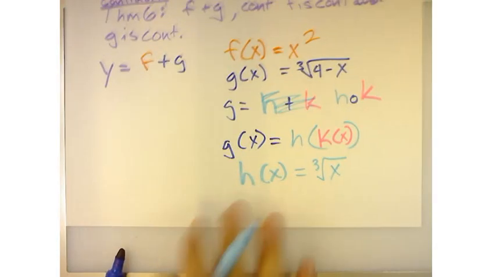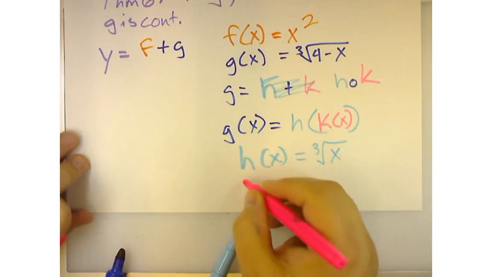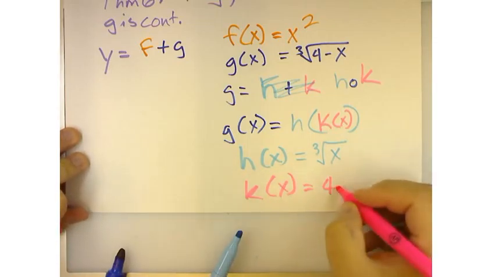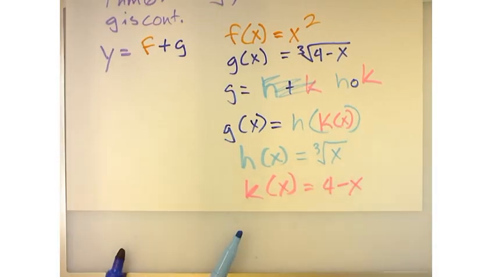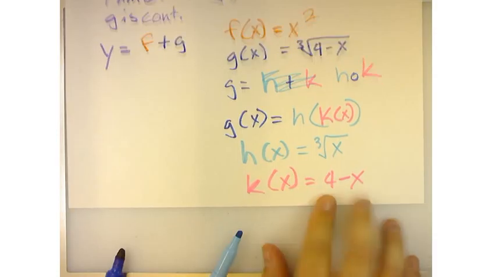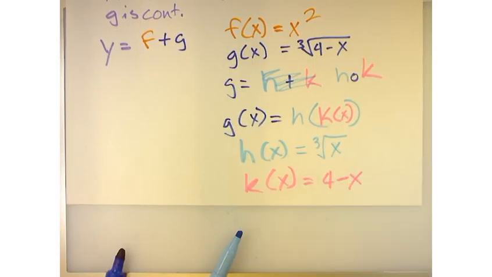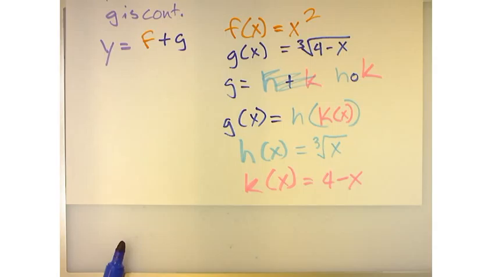And then you could say k of x is equal to 4 minus x, which is also a continuous function. And then you could break this down. You could say that 4 is a continuous function, minus x is too. You could literally go crazy with this thing and break it down into one monomial for every term, and prove that every monomial term is a continuous function, right?